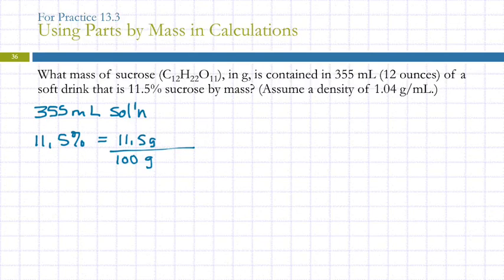So it's going to be 11.5 grams of what? Of sucrose, C12H22O11, per 100 grams of what? Solution. Okay. It is just dimensional analysis. Exactly, and I did not pay him to say that.